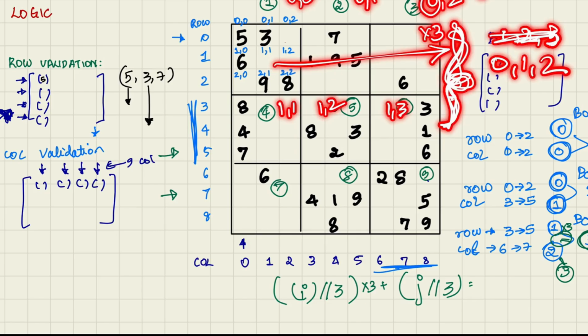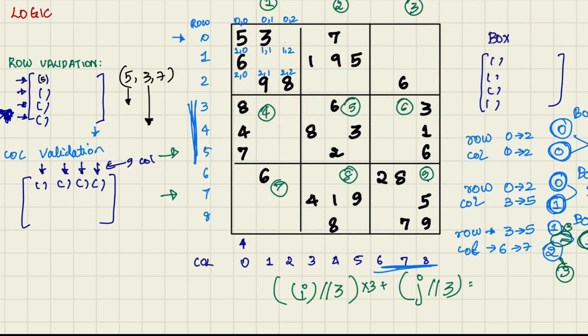And I want these numbers to continue. So I multiply these first numbers by the number of boxes in the previous row, 3. So that's when I get this offsetted number.